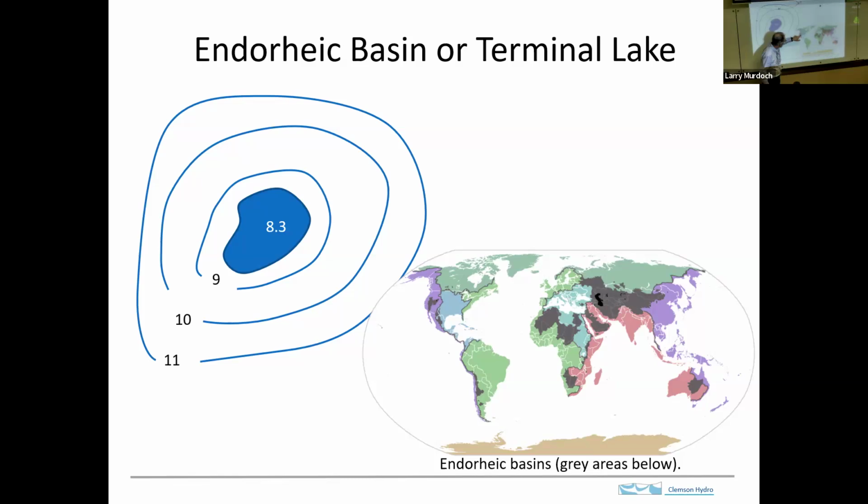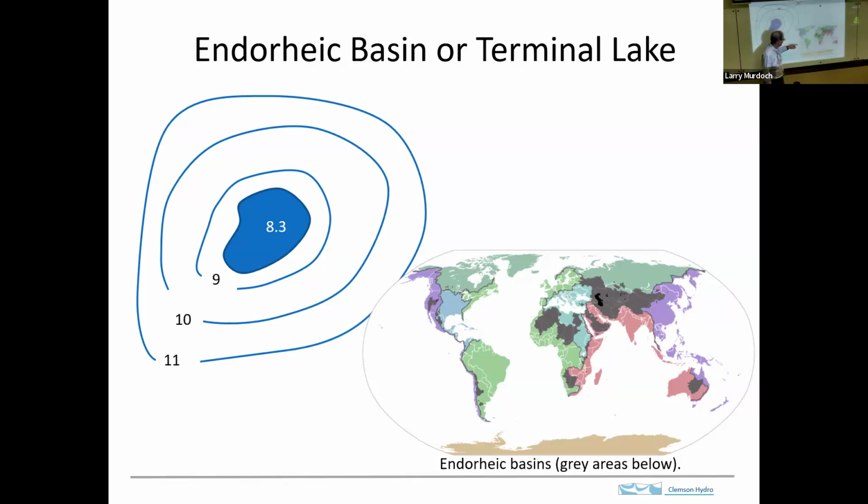So Nevada, Utah, any rain that falls there, it's not going to flow to the ocean. Everywhere else here, it's flowing to the ocean, but there's this endorheic basin, and then there's some other ones here in Mexico, and that Atacama Desert in Argentina, in Bolivia.